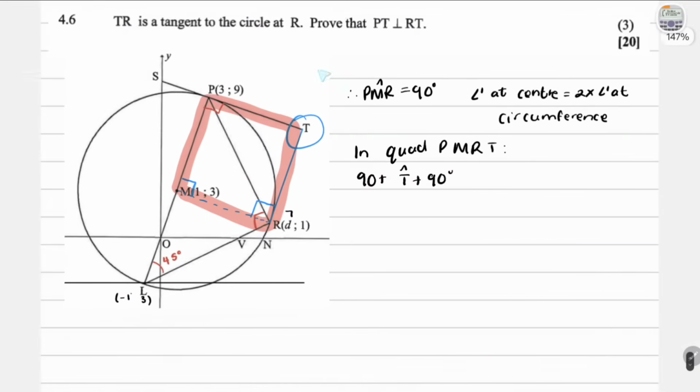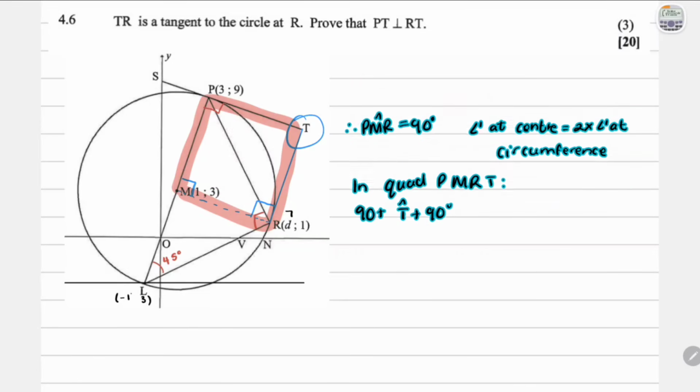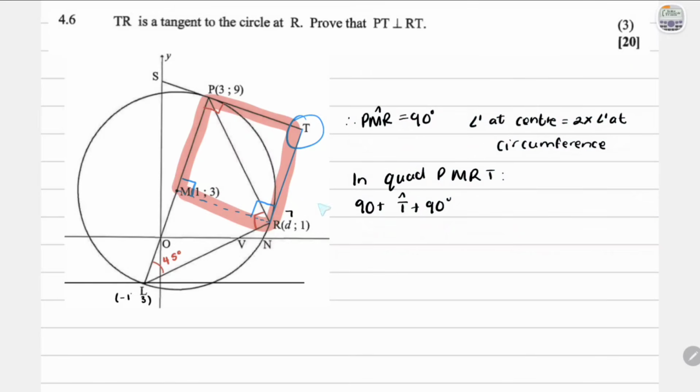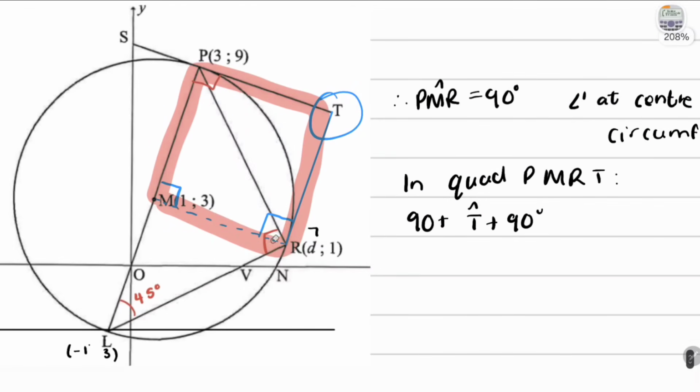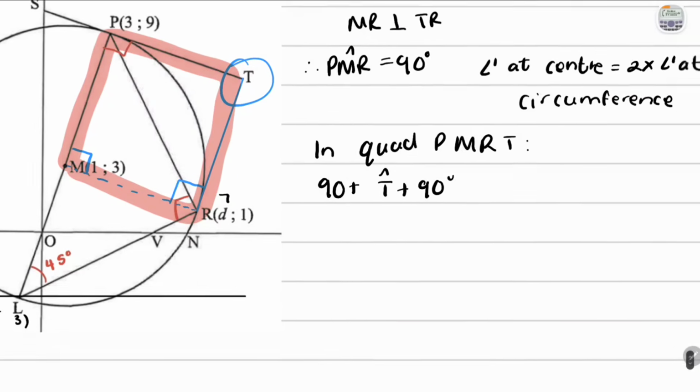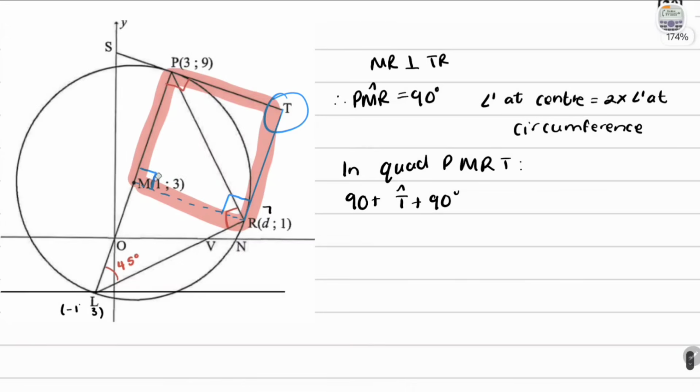Okay, so at this point, I noticed I didn't actually state that that was 90 degrees. We should. So that would have been before all of this. We should have already written that down. We should have told them that MR is perpendicular to TR. So MR is perpendicular to TR. Okay, then we're telling them that this is 90 degrees. And then if you add all the angles inside the quadrilateral, so this angle 90, the T, this angle 90, and this extra angle 90 degrees, then they should add up to 360 degrees.